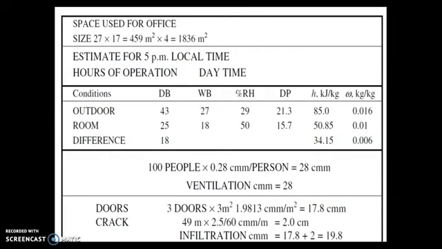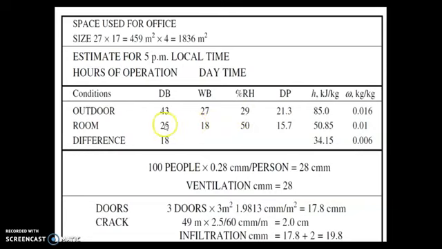So this is the calculation sheet. First one, we find the space of the office, and the estimation time is 5 p.m. The outside condition of the air is 43 degrees Celsius dry bulb temperature, 27 degrees Celsius wet bulb temperature, relative humidity 29%.